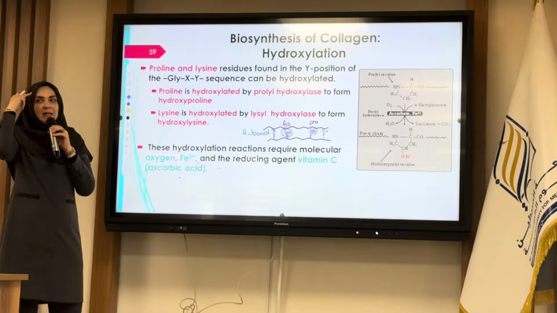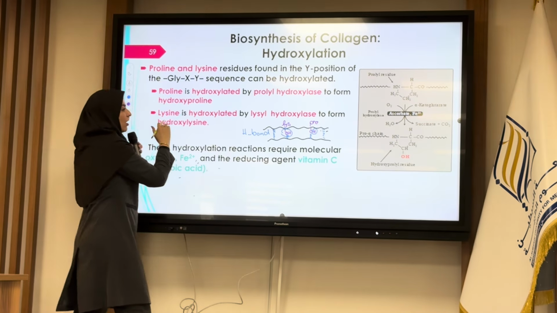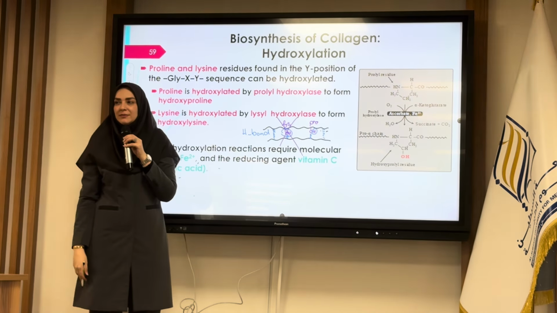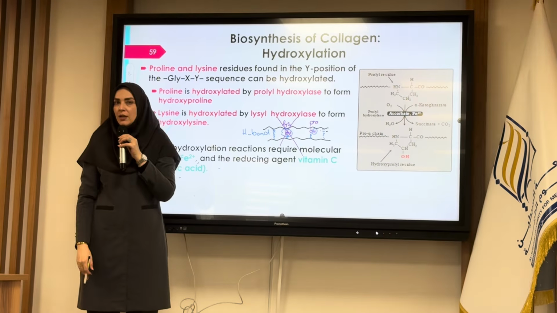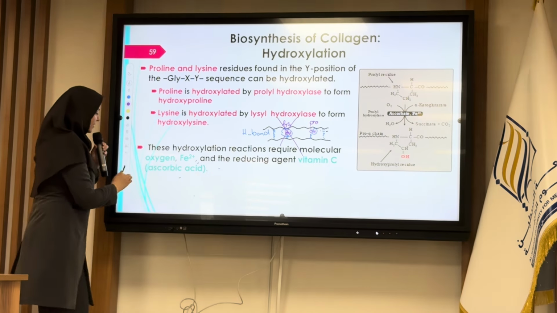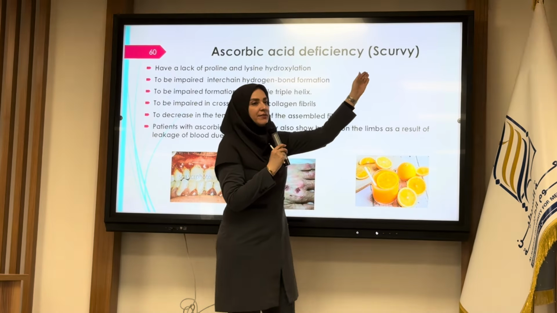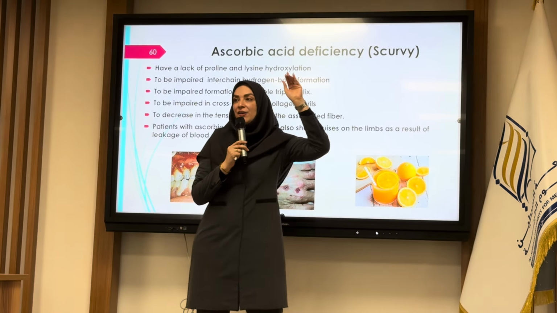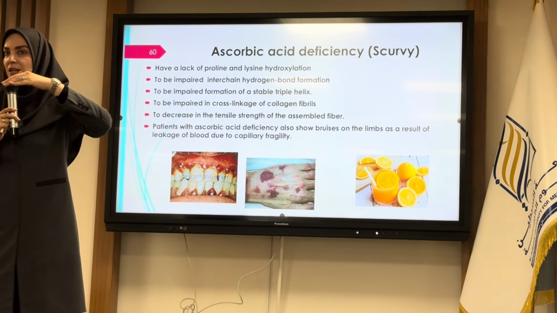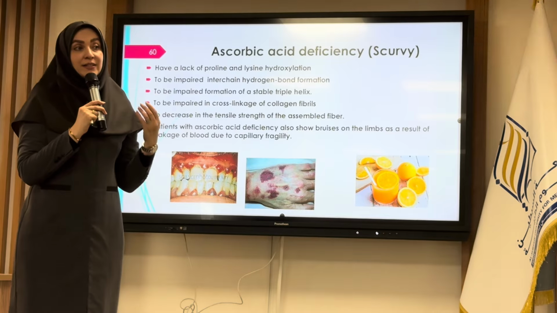But please imagine, whenever hydroxylation is defective, what happened? Collagen is defective. So, as a result, you have scurvy. Whenever collagen is defective, you have a disorder known as scurvy.